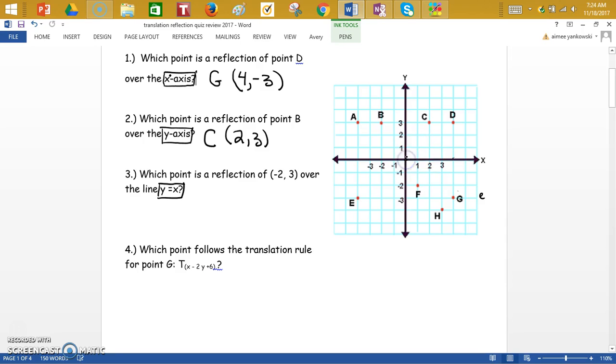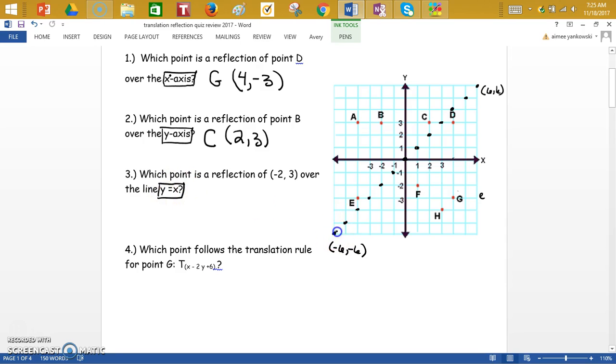So 0, 0, 1, 1, 2, 2, 3, 3, 4, 4, 5, 5, 6, 6, negative 1, negative 1, negative 2, negative 2, negative 3, negative 3, negative 4, negative 4, negative 5, negative 5, negative 6, negative 6. Okay, those are the points on the line y equals x. This one is 6, 6. This point down here is negative 6, negative 6. The line y equals x, the x and y values match.